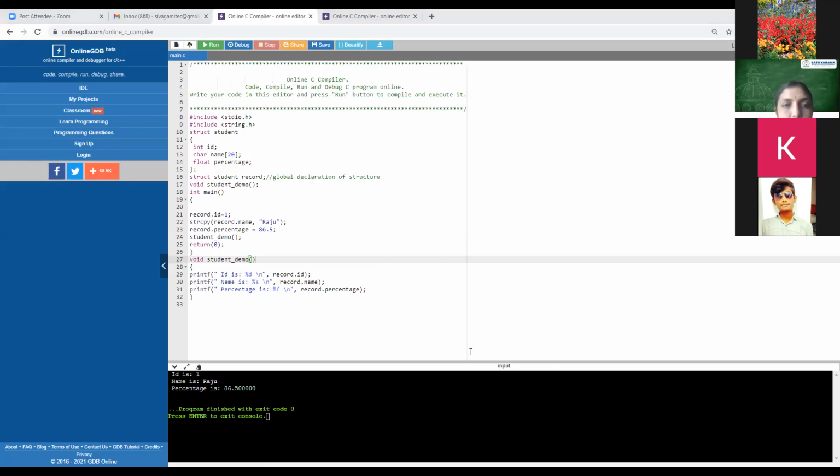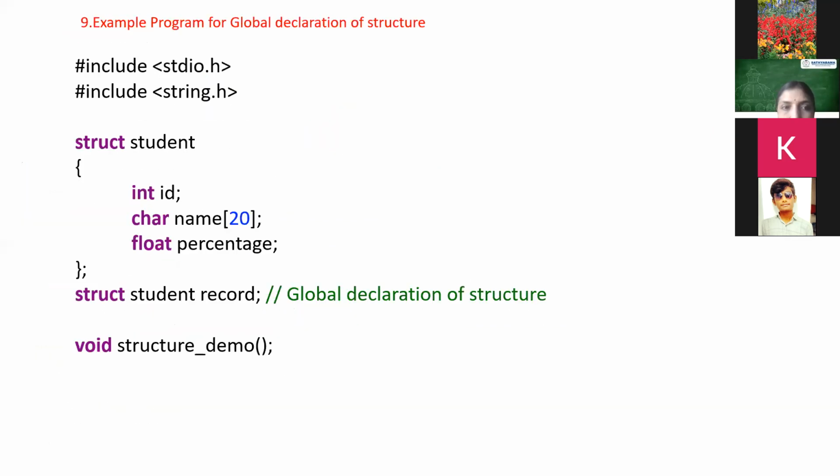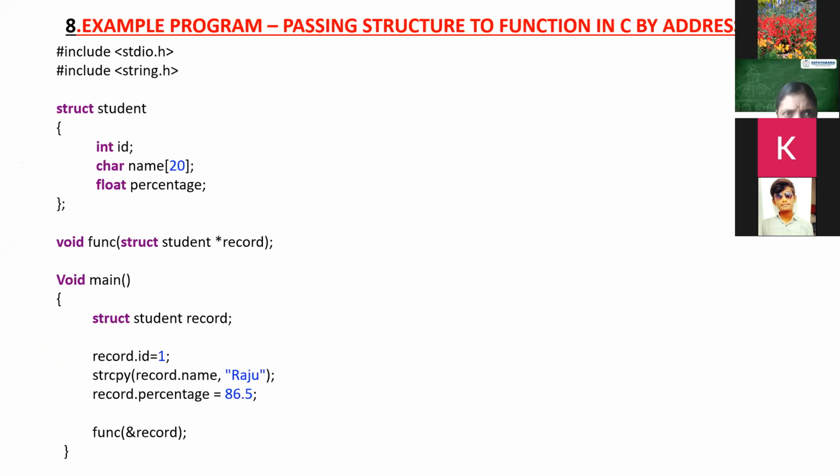See here, in the previous case, whenever we had pass by value, we declared the struct student record inside the main function.